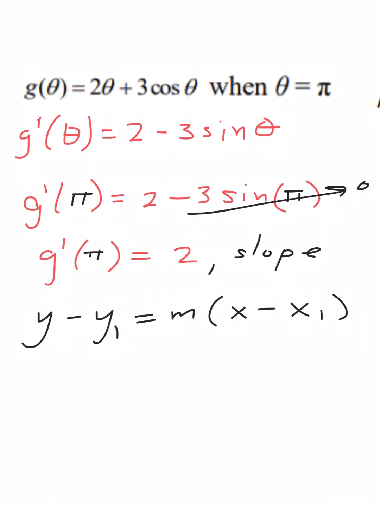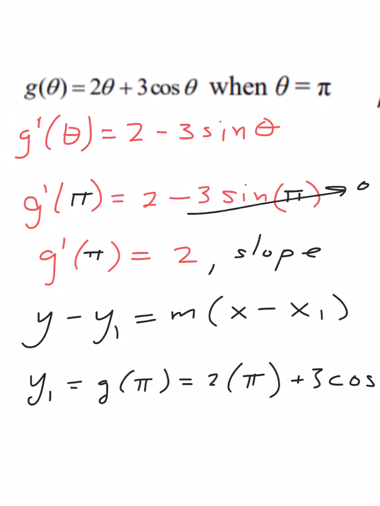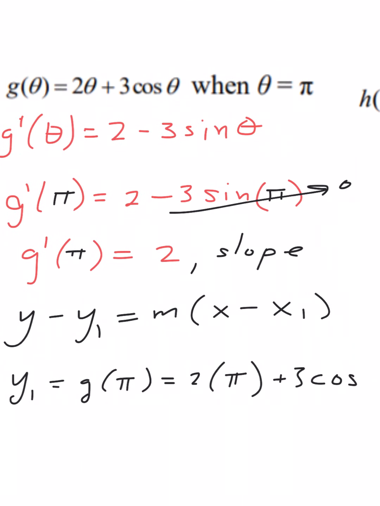I need to find y1. So y1 is equal to g of pi, which will give me 2 times pi plus 3 cosine of pi.